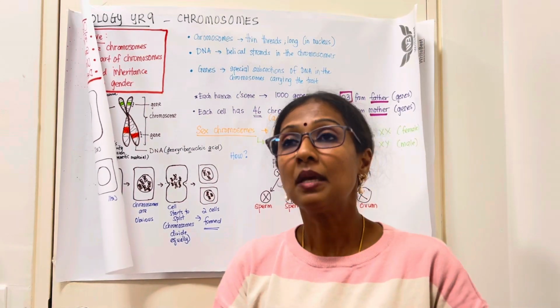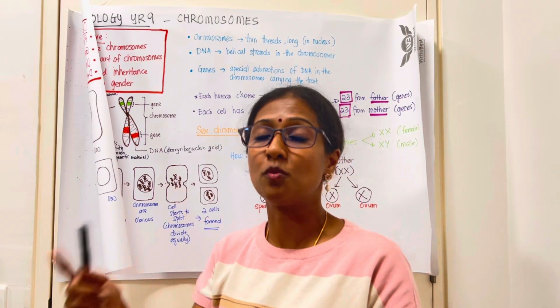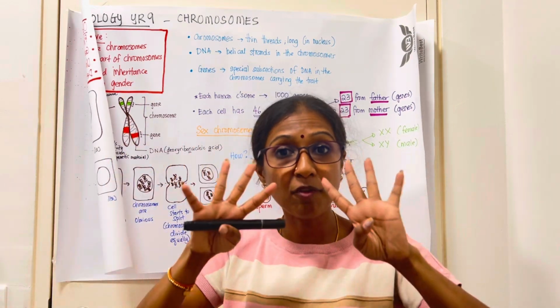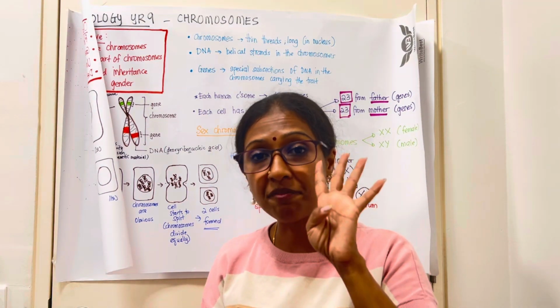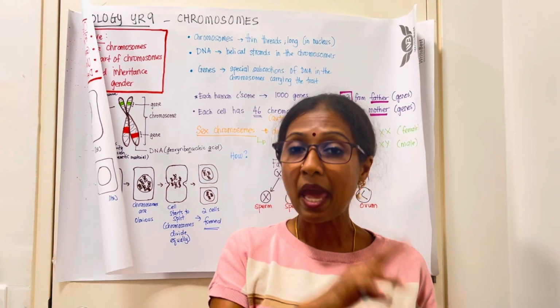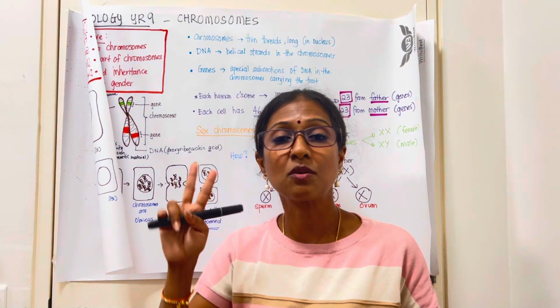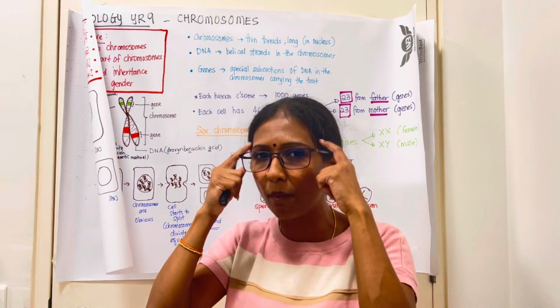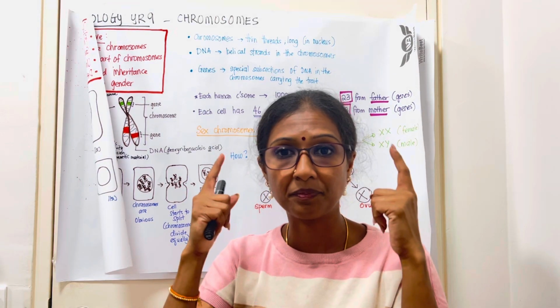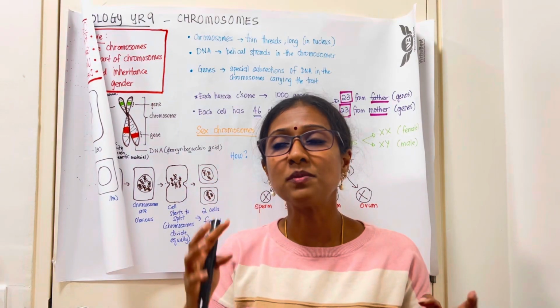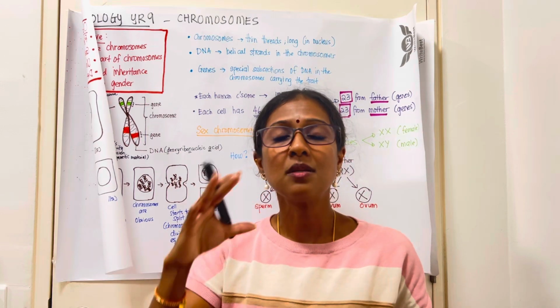Okay, again. Each cell has 46 chromosomes. You're right. But that 46 chromosomes, if you actually look at it, is made up of 44 autosomes and 2 sex chromosomes. I can already hear in your mind, you are asking yourself, what is this autosome? Am I right? Now, autosomes are non-sex chromosomes.